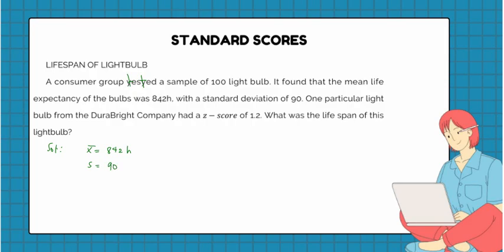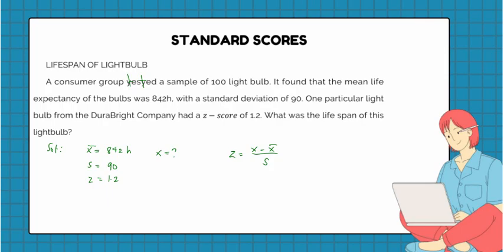And then, meron din tayong standard score na 1.2. So, basically, yung hinahanap natin is our score or our x. So, if we go back to the formula, x here is missing. So, z is equal to x minus the x bar divided by s.